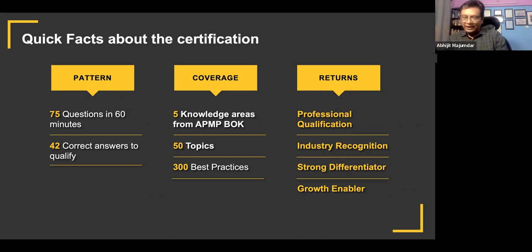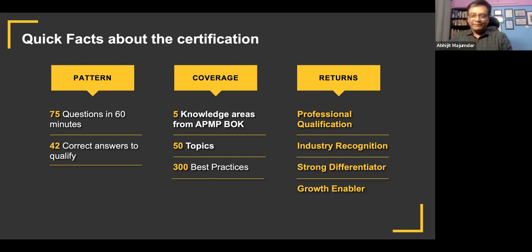Rest all are in UK and US. I think one in Australia. So overall, there are 11 people in this world, and I'm lucky to be amongst them, till the time somebody else also gets that qualification. I think there are a couple of people who are getting ready for that. But for me, I would always remember that I was the first to do that.